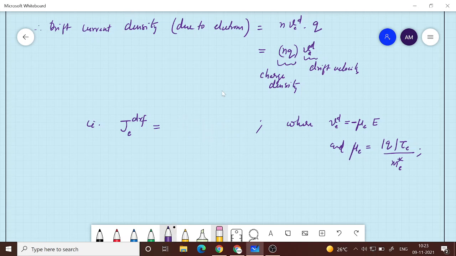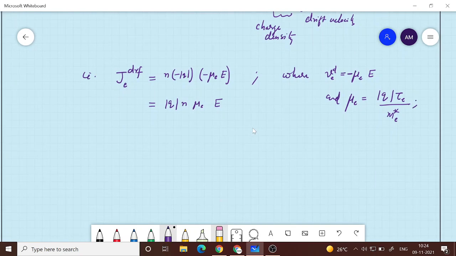I will say n into minus modulus q, and then for Vd, the drift velocity, I will write minus mu e into E. So this minus minus will cancel, therefore it is modulus q n mu e into the electric field. Now this is basically Ohm's law.